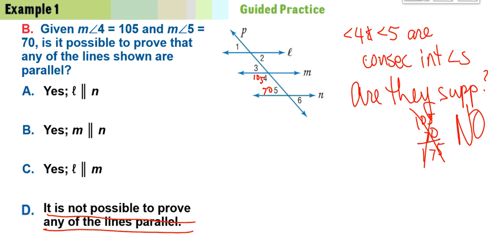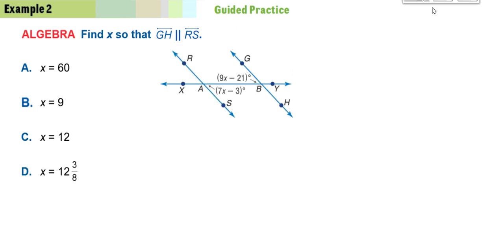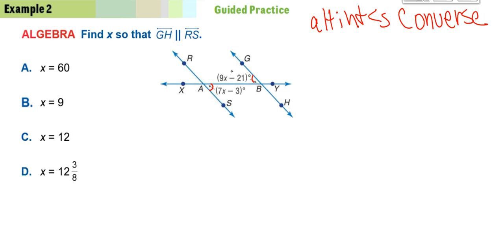Next is number 2. We want to find x so that these two lines are parallel. It shows us what angles we're looking at, and those are alternate interior angles. We're going to use the alternate interior angles converse. That means that if these two angles have the same measure, then the lines are parallel, and that's what it wants us to say.